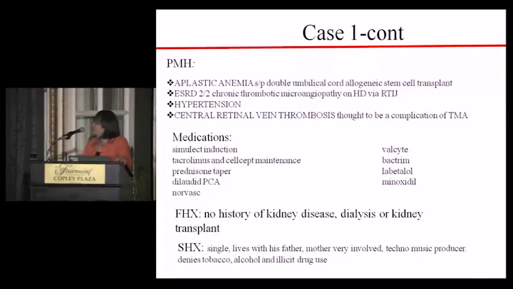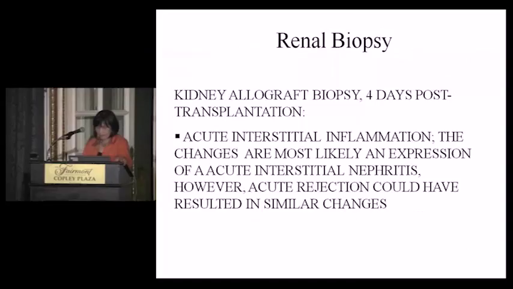Laboratory-wise is consistent with hyponatremia, metabolic acidosis, elevated creatinine, anemia, and the urinalysis shows proteinuria, hematuria, and leukocyturia. Okay. So he underwent a kidney biopsy, which showed possible acute interstitial nephritis, but also possible acute rejection.